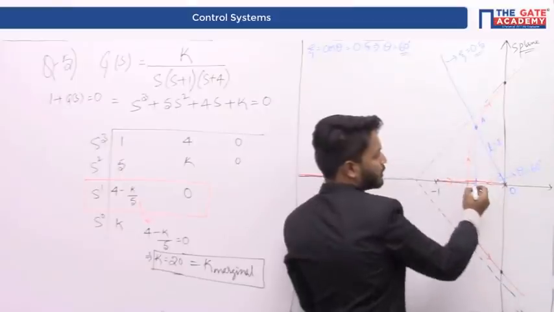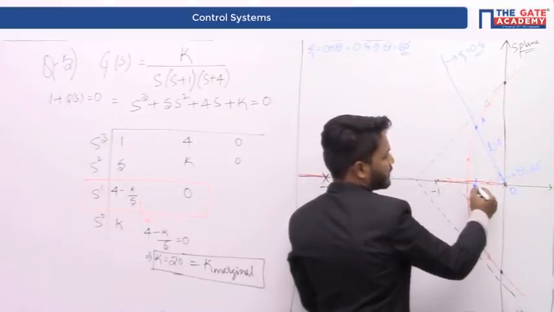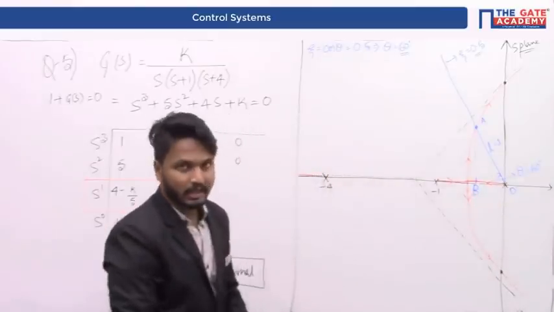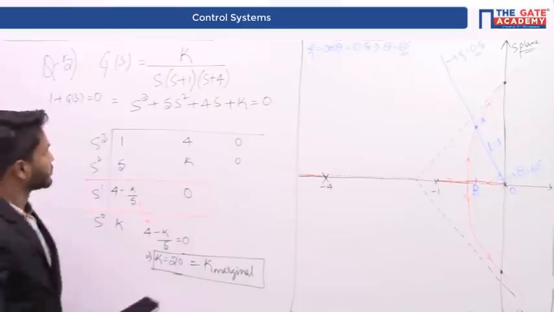Let us name this point B, and I'm just drawing this particular triangle on the left side of the board.